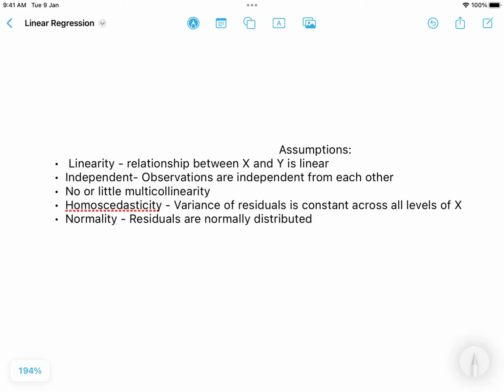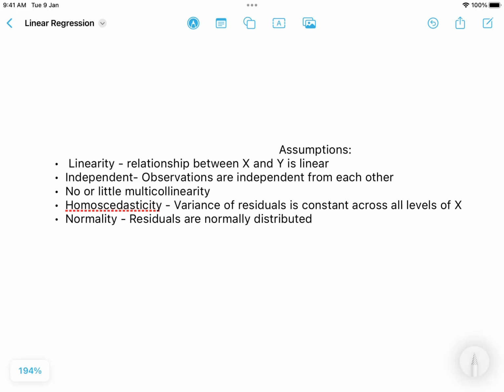So there is a difference of 50 rupees between the predicted value and the actual value. That 50 rupees is the error. So the variance of those errors is constant across all levels of x.